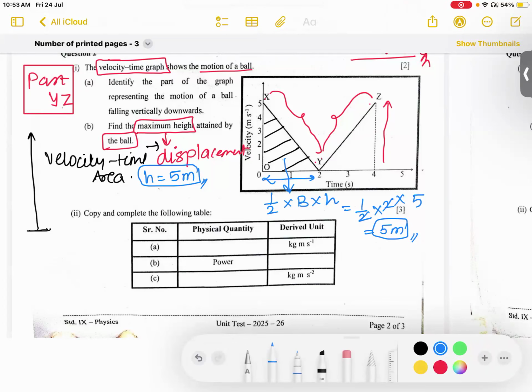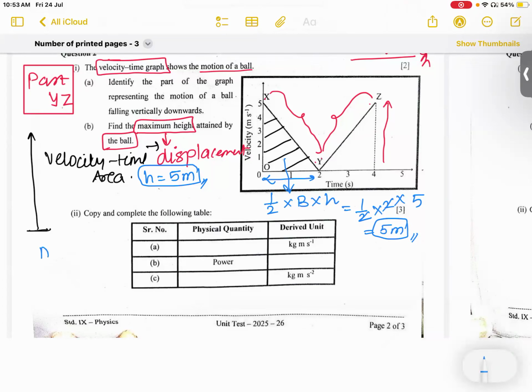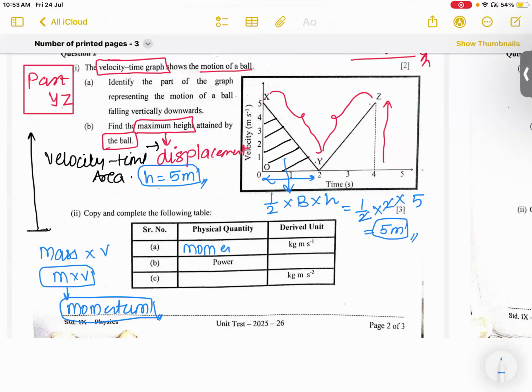So I will start writing: kg is mass, meter per second is velocity. Guys, m into v is something which is related to momentum. Momentum is something, guys, which represents mass and velocity. So the physical quantity over here will be momentum.